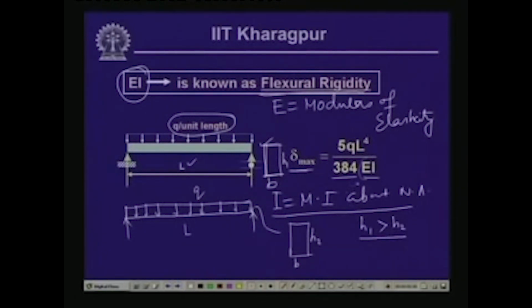Now, since all other parameters like q, L, E remain constant, the parameter which is changing because of the change in the depth is I, because I for this rectangular section is equal to B H cube by 12. So, with the change in H, there will be a change in I, and a change in the deflection delta.